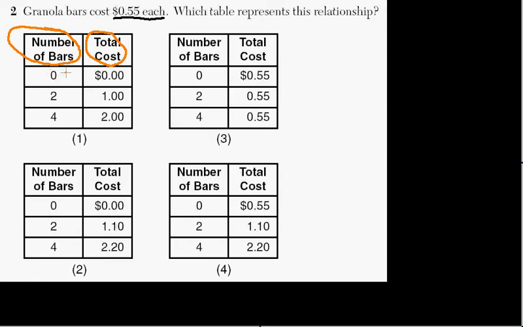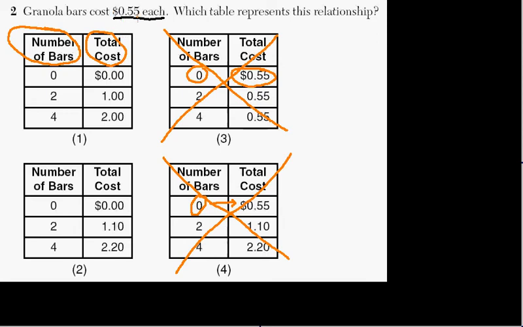So at 0 number of bars, it costs $0. So immediately we can look and see that this isn't true because it says 0 bars somehow cost 55 cents. You're paying 55 cents for nothing. That's not true. And then down here we have the same thing, 0 bars costing 50 cents or 55 cents. That doesn't make any sense. That one's not true. So it's got to be one of these two.